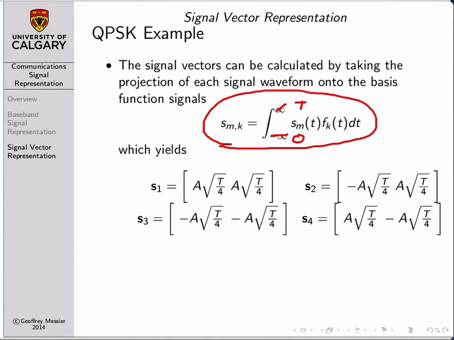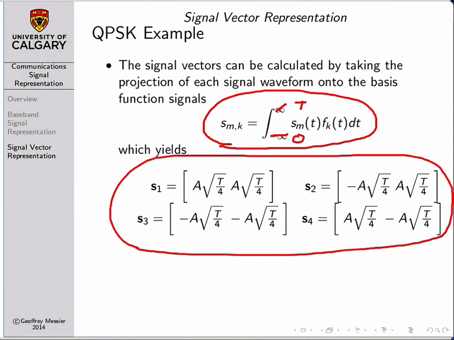And if you do, these are the 4 signal vectors that you end up with. Again, we have 4 signal vectors because we have 1 vector for every signal in our modulated symbol set. So because M is equal to 4, we have 4 signal vectors. And because K is equal to 2, each of these vectors has only 2 values in it. So it's a 2-dimensional vector space that we're working with.